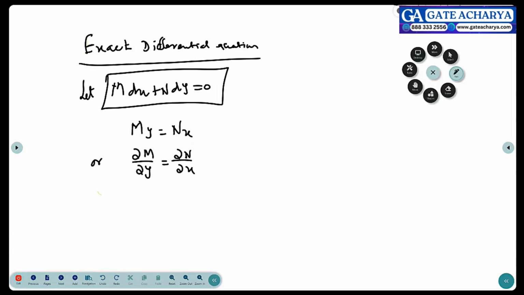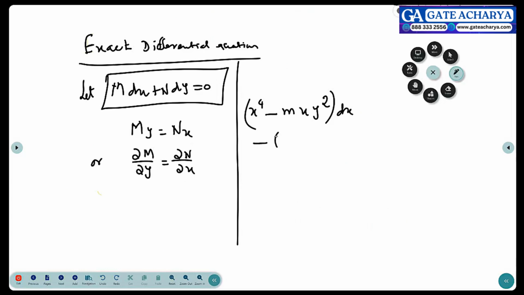How will they ask you? If (x power 4 minus m x y square) dx minus (2x square y minus 4x y cube minus sin y) dy is equal to 0 is exact, then find the value of m.